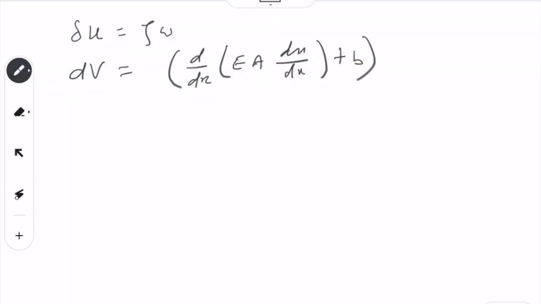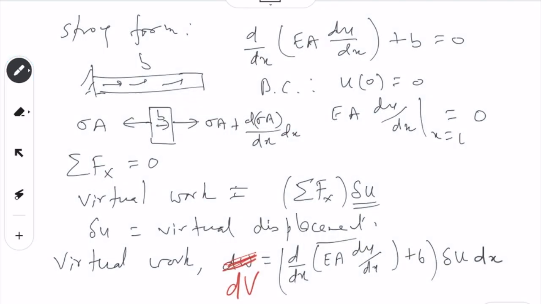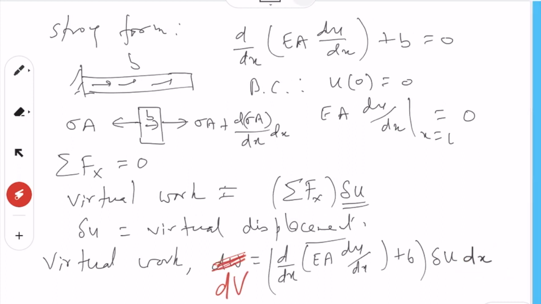So we can write zeta w, which is a function of x, and then we have dx as well, so that we make it force, but not force per unit length, hence we have the dx term here.